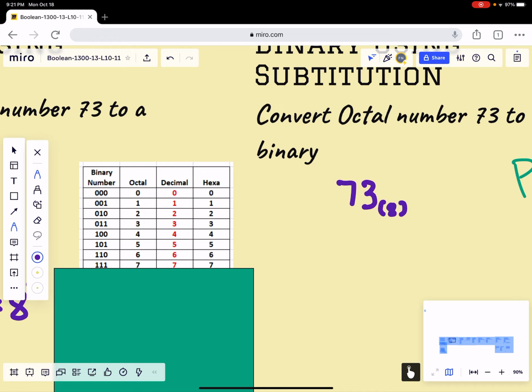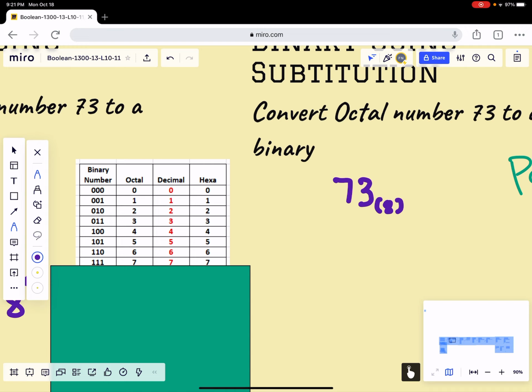Now I look at the 3 binary digits that represent 7 and 3. So 7 equals 1, 1, 1, and 3 is 0, 1, 1.